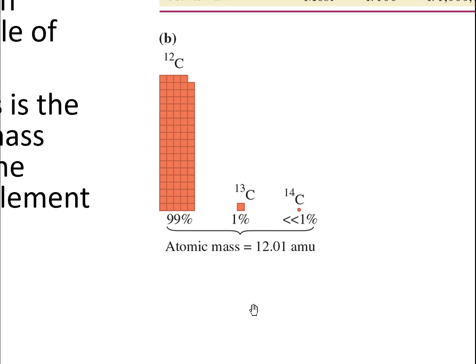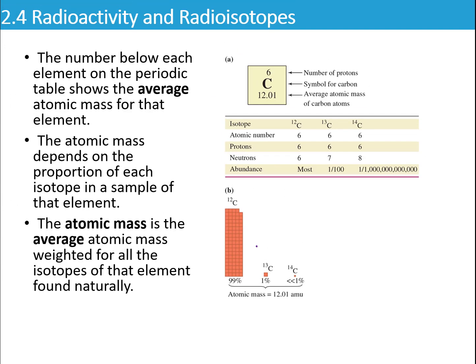That's why the periodic table ends up with that decimal place. But for us, we're just going to round it to a whole number and find the most common isotope numbers of protons, neutrons, and electrons. So they just say that atomic mass on the periodic table is the average mass based on abundance, the most common ones.